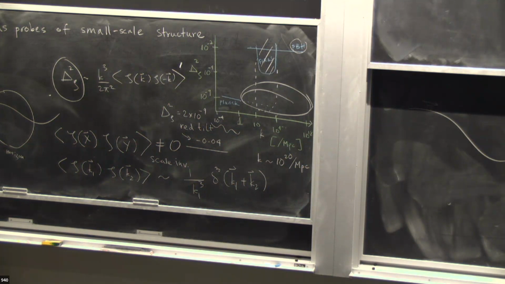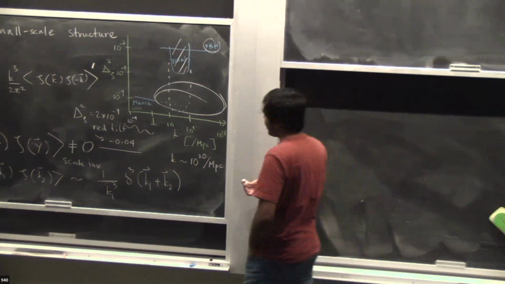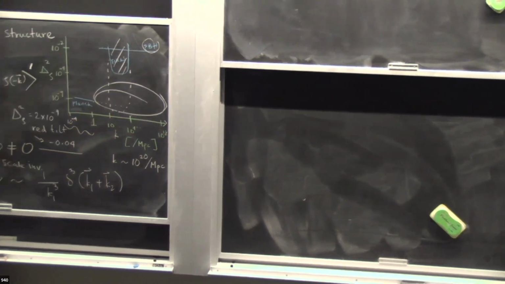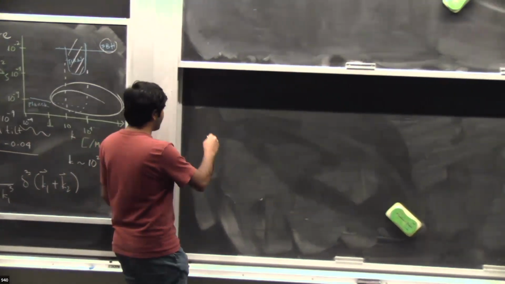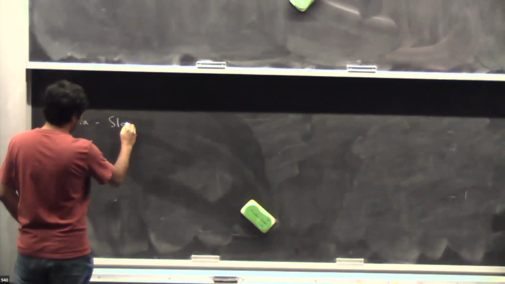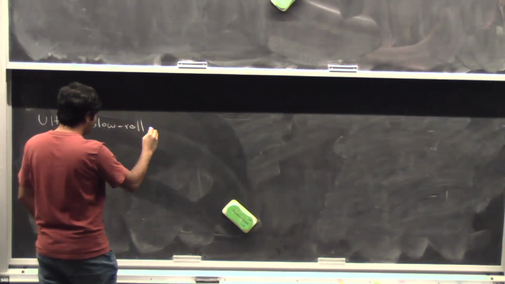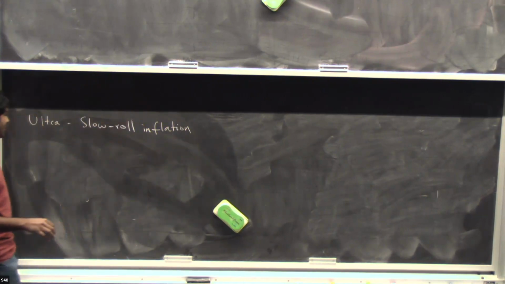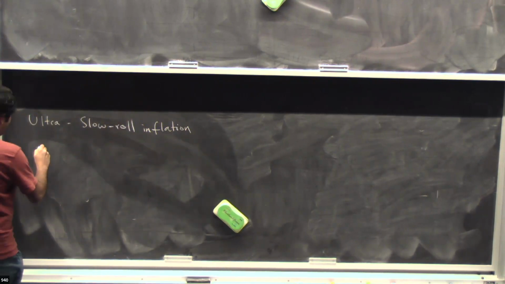Now of course this question has been asked before, and from the perspective of mechanisms there are several proposals. One of them goes by the name of ultra slow roll inflation. I'm not going to talk about this today, but I just wanted to give you a very basic picture of it.